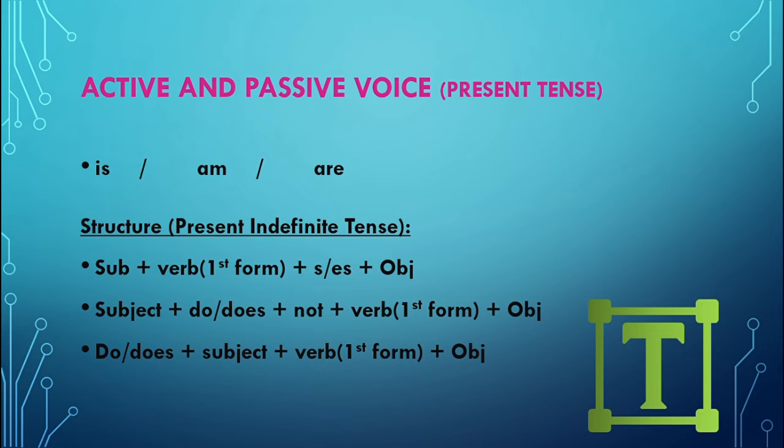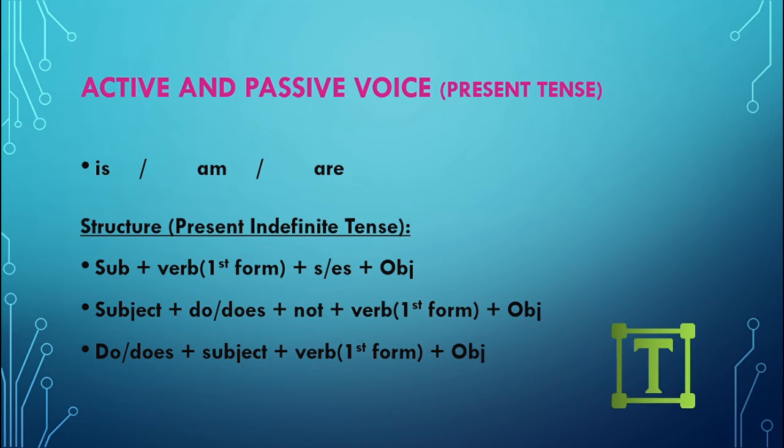Subject, verb in the first form with s or es, and then object. Subject with the auxiliary not, and verb in the first form with object in the negative sentences. And for interrogative, do and does comes first. Subject, verb in the first form plus object.